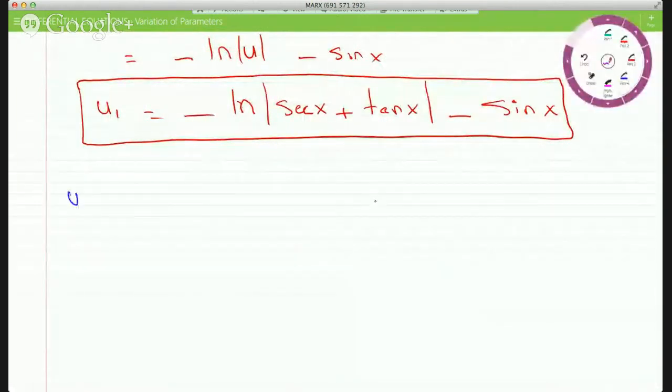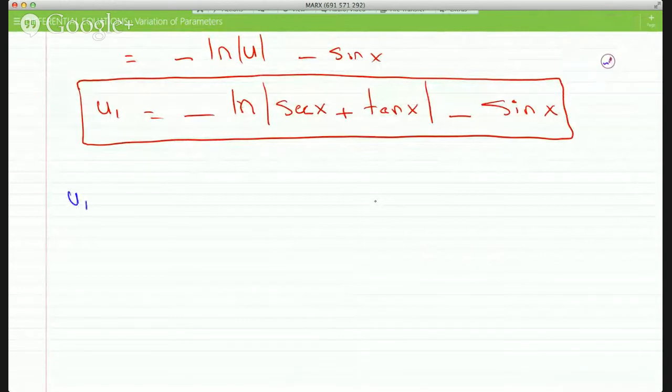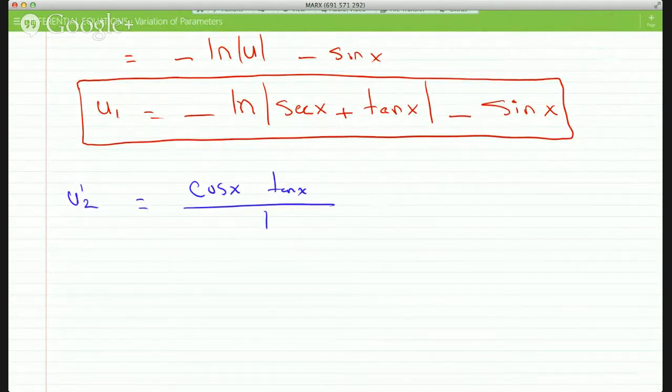So u prime 2 is equal to y1, which I called cosine x, times g, which is tan x over 1. Now this is a straightforward one.